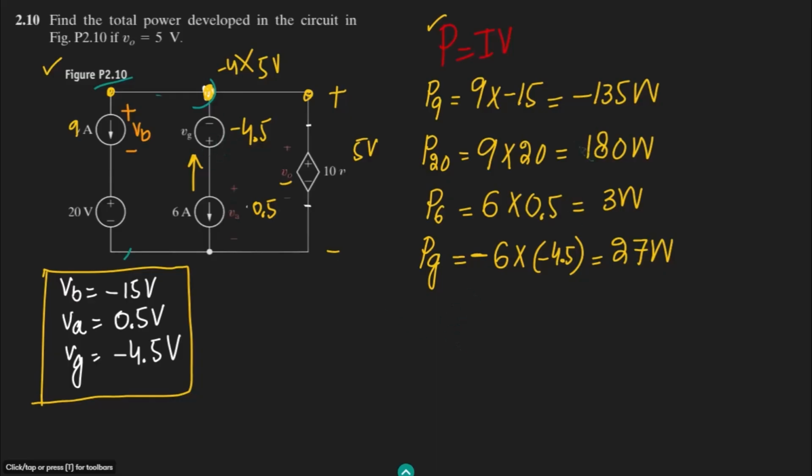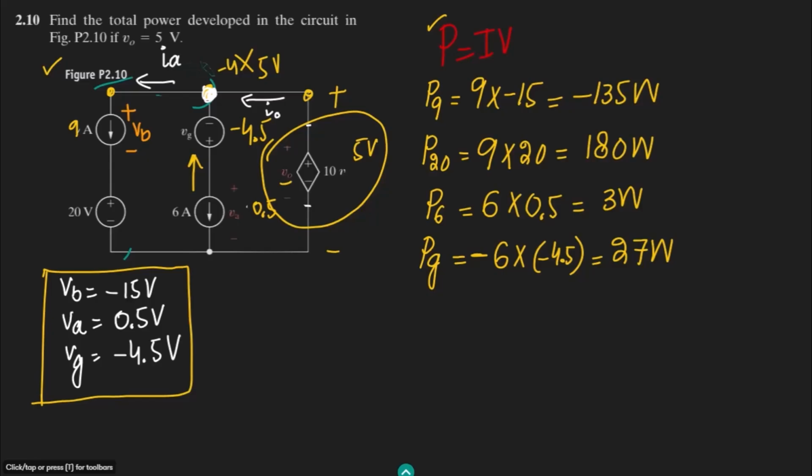Okay, so now all of these are known. In order to find the power associated with this source, what do we have to do? We know the voltage across it, that is 5 volts. We don't know the value of the current which is passing through it. So let me have here this current, let me call it I naught. It reaches this node and splits into two parts.